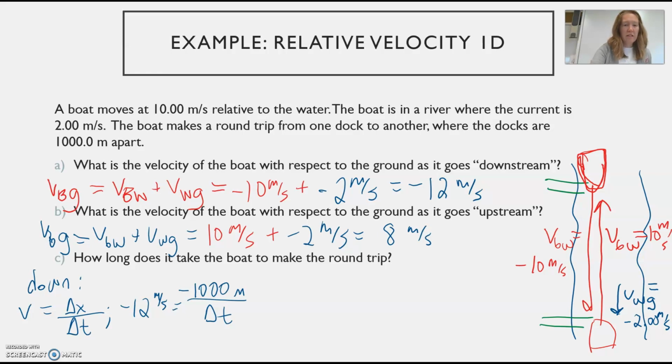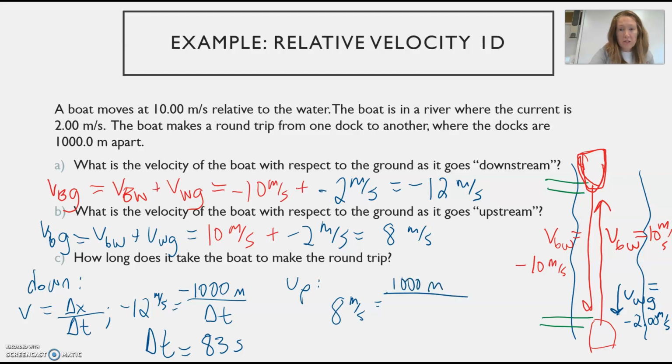So I get this part took 83 seconds, and then the upstream part, I only got to go 8 meters per second. I went north 1,000 meters.